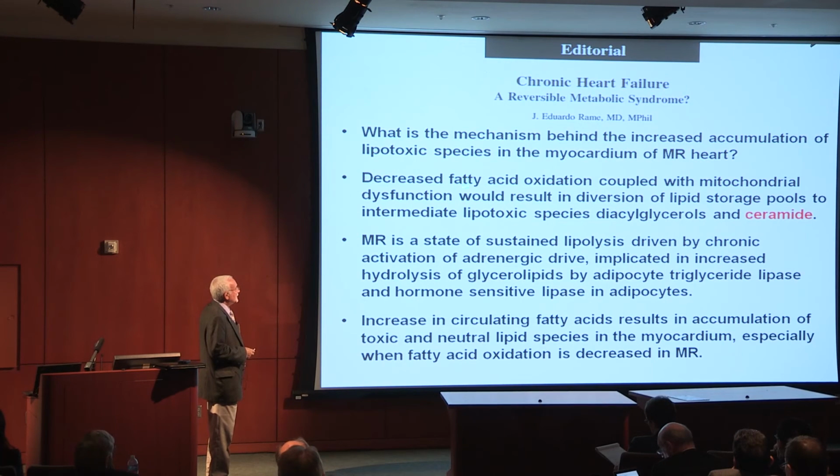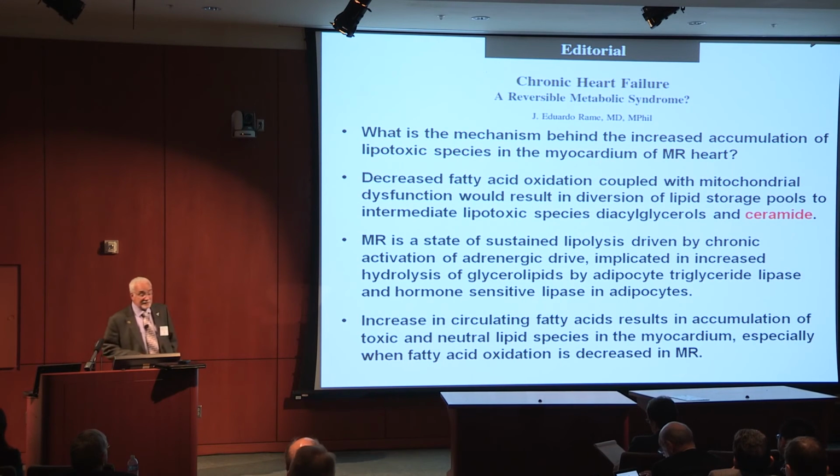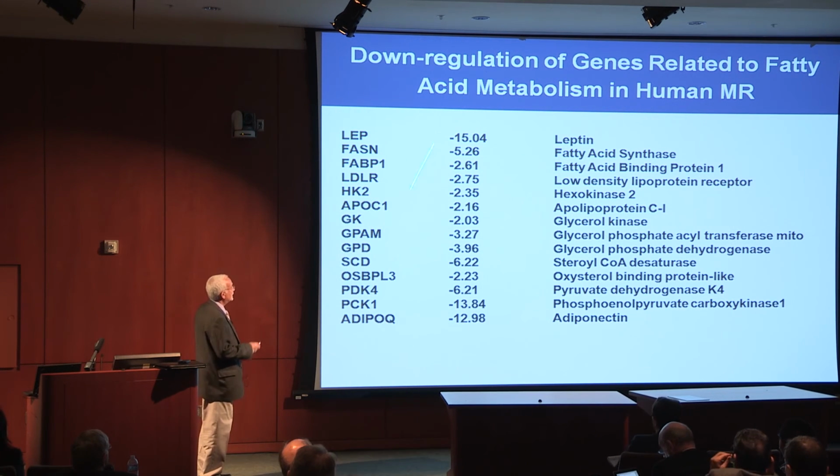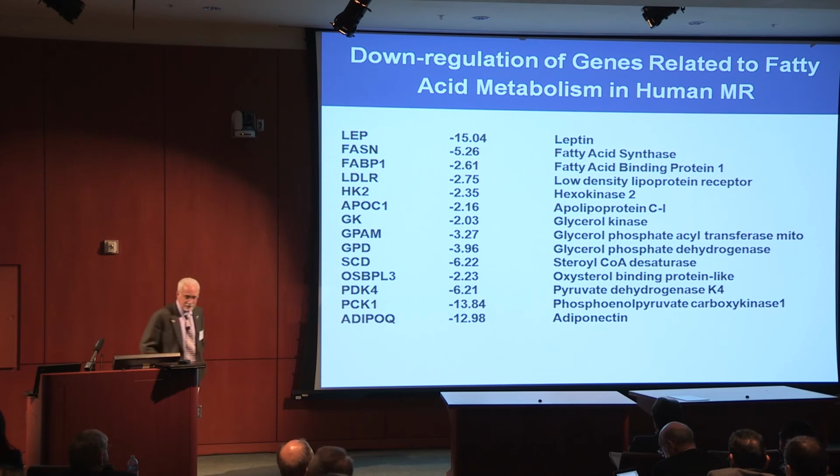And we see a decrease in fatty acid oxidation with mitochondrial dysfunction that would result in a diversion of lipid storage pools to intermediate toxic species like diacylglycerols, and in particular, ceramide. And indeed, in our gene array, all of these genes related to fatty acid metabolism, fatty acid oxidation, were significantly downregulated in our human heart.